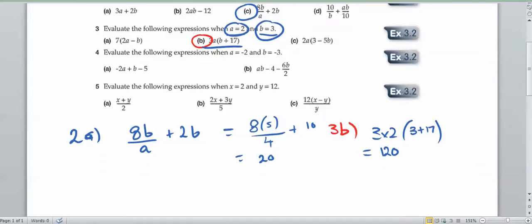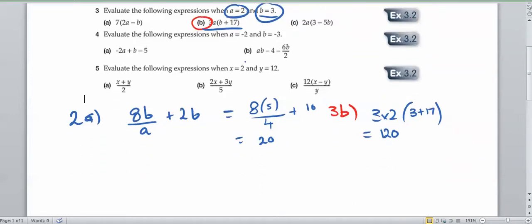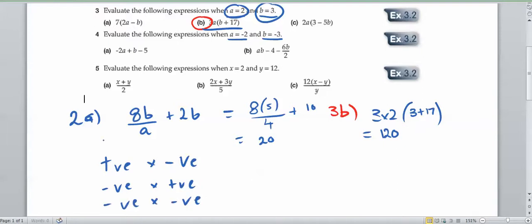Question 4. Evaluate the following expression. The same thing, but this time you need to consider a couple of things. First of all, if you are multiplying a positive number by a negative number, a negative by a positive, a negative times a negative, or a positive times a positive.